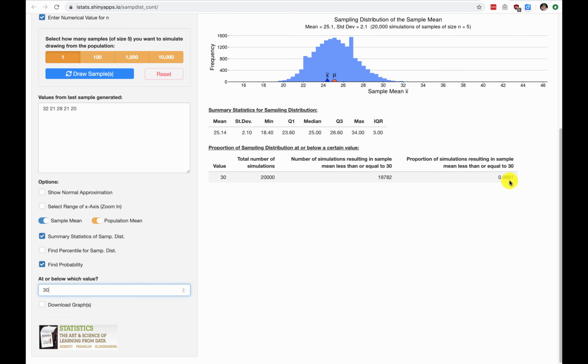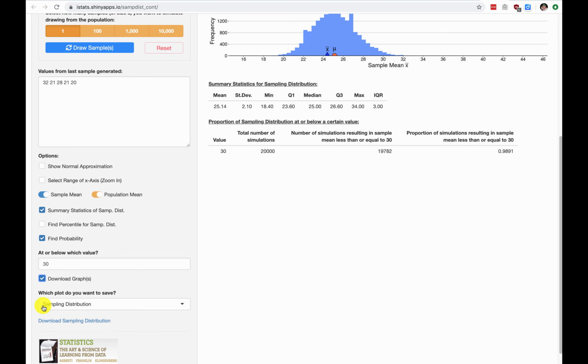So here we have almost 99% of samples had an average that was 30 or less. So then you can work backwards and figure out how many samples and then what proportion had an average age of more than 30. And then you can also download the graphs if you like to do that. So you can choose which one you want to download.